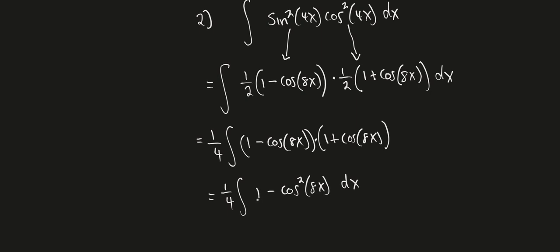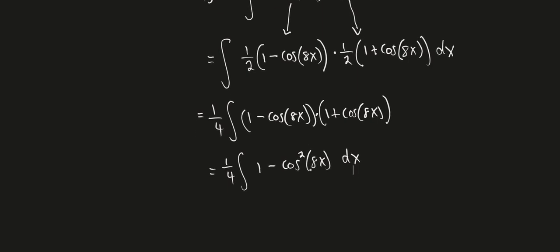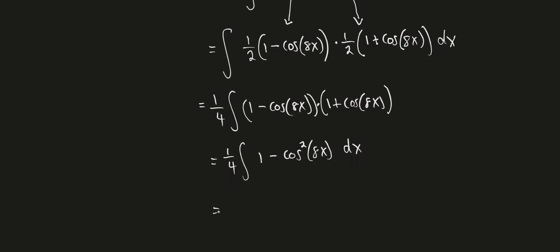Now we could apply our half angle identity again, but before I do that, this is where I'm going to utilize the Pythagorean identity and write this as sine squared of 8x, right? So using the Pythagorean identity, 1 minus cosine squared of 8x is the same as sine squared of 8x.